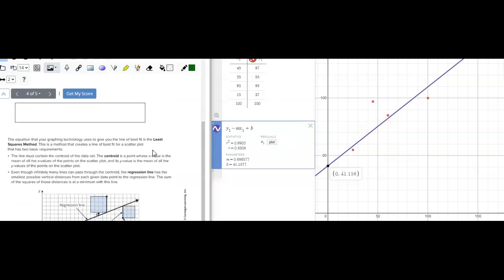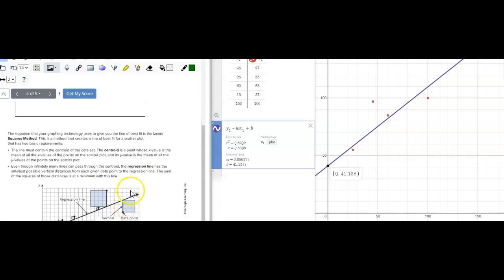The way the graphing calculator does this is with a method called the least squares method. The least squares method is always going to have two things true about it. The line is always going to go through what's called the centroid.